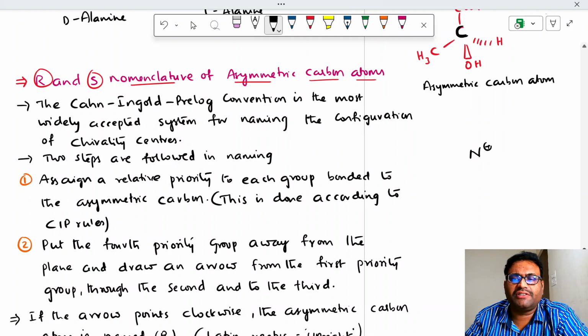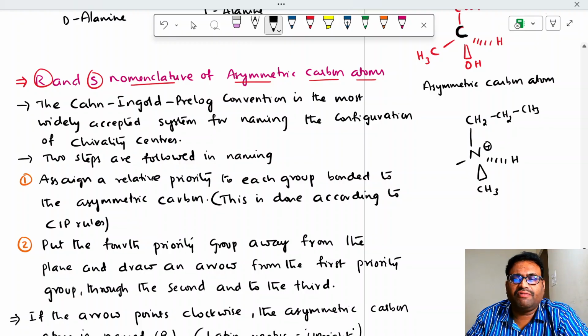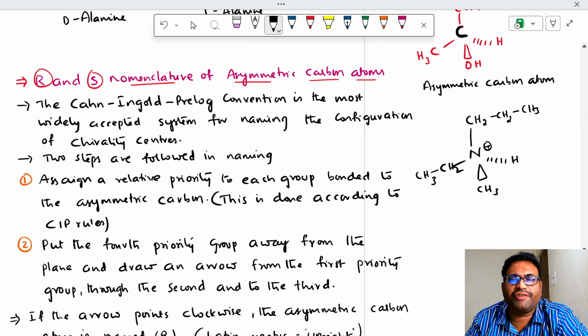See, nitrogen plus, with CH2, CH2, CH3, let us take it as H, CH3, and CH2, CH3. Now nitrogen is also bonded to 4 different groups. Is nitrogen bonded to 4 different groups? Yes. As nitrogen is bonded to 4 different groups, I can consider this nitrogen as an asymmetric atom, a chiral atom.